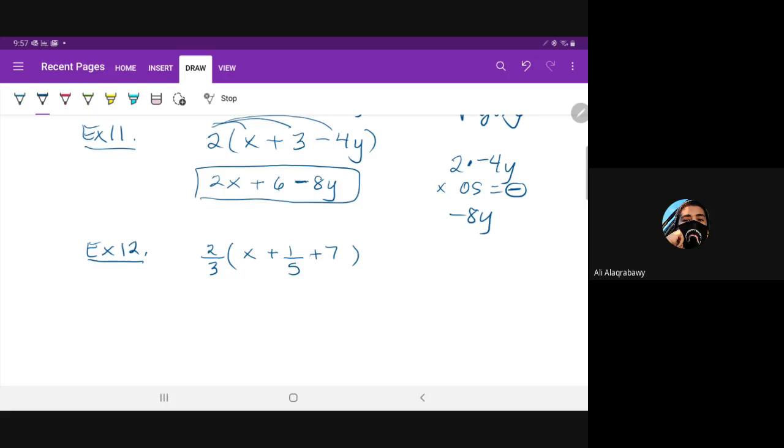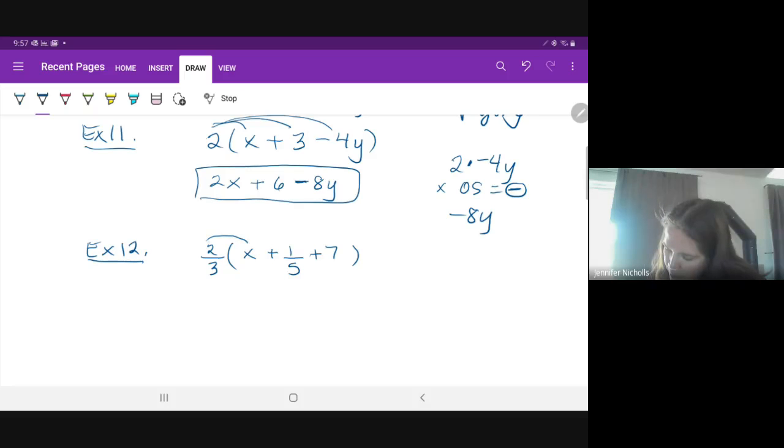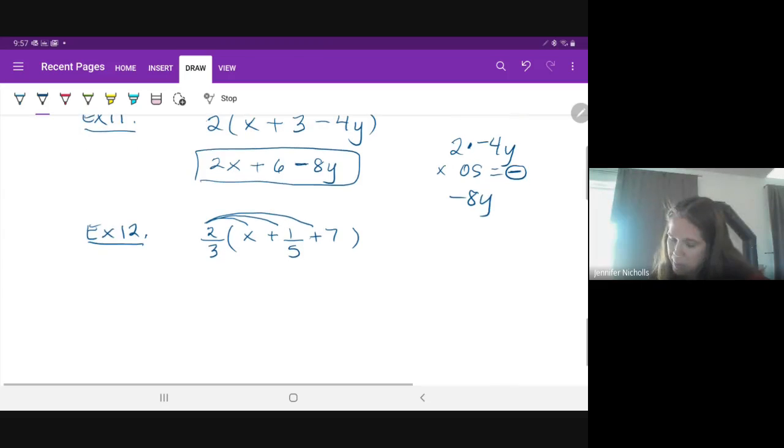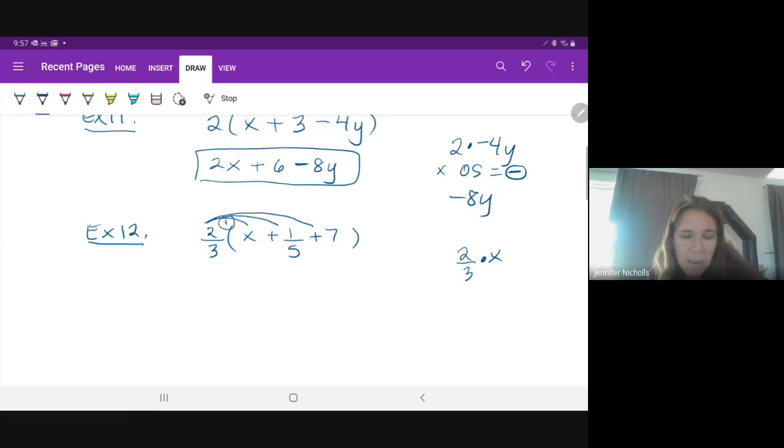Okay, so we're going to distribute. We're a little worried about the fraction, but the first one, just the first term. So what's 2/3 times x?